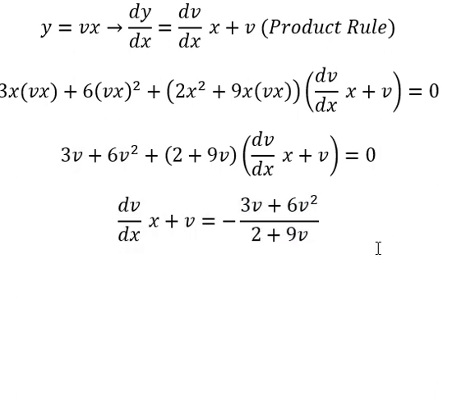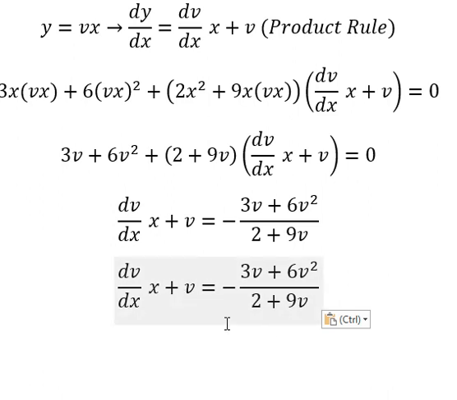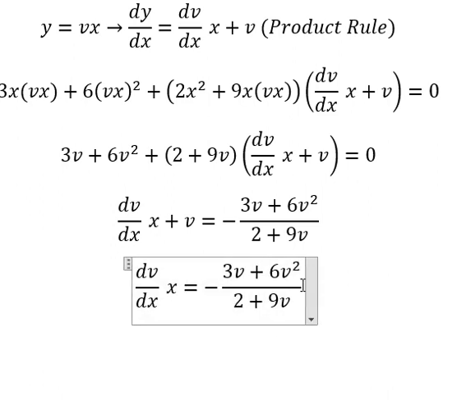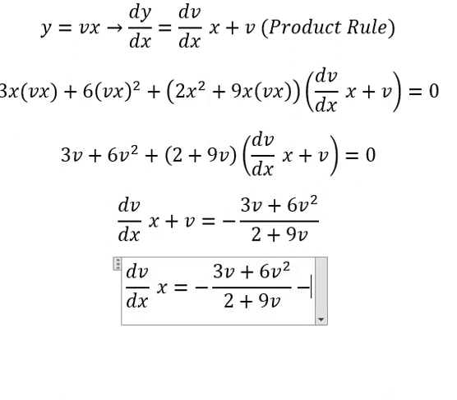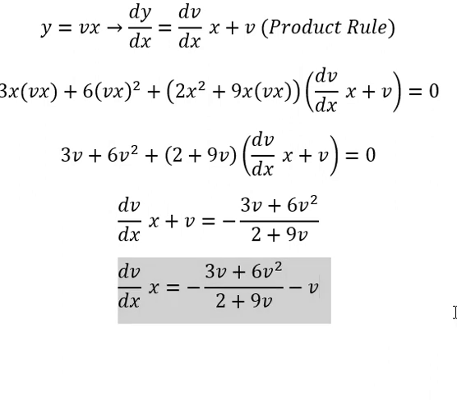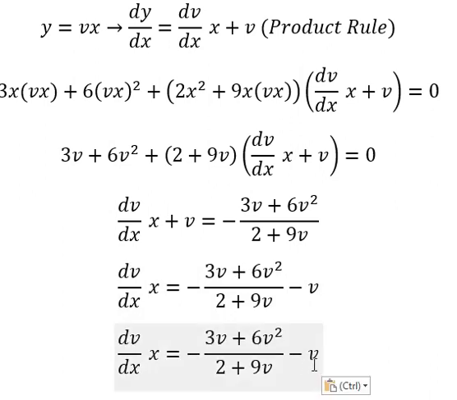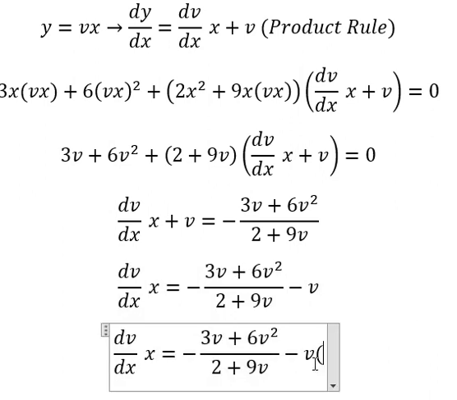Next, I will put v to the right and we have negative v. Now, we do common denominator.